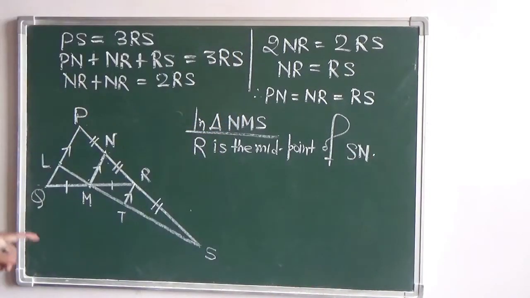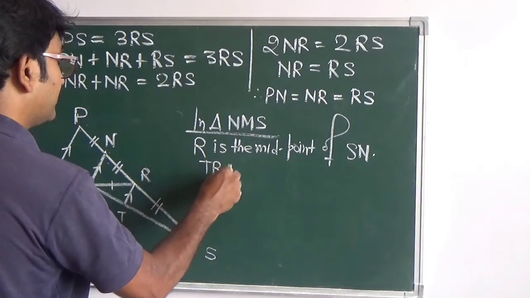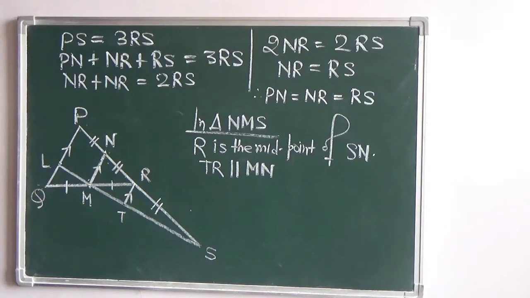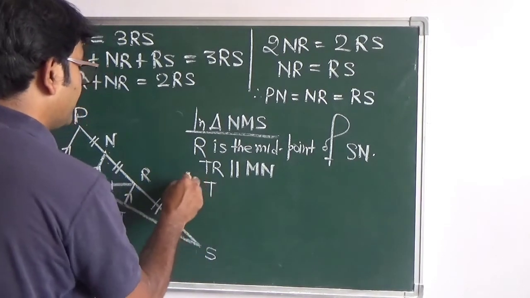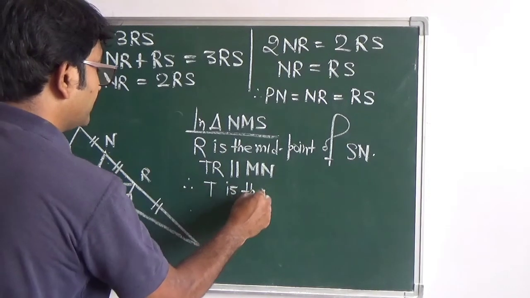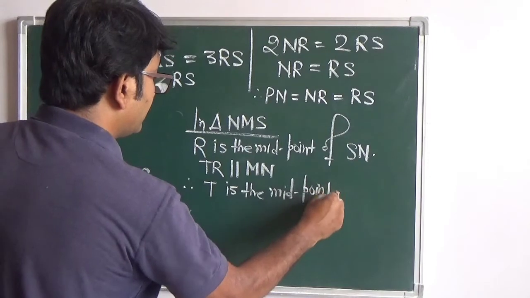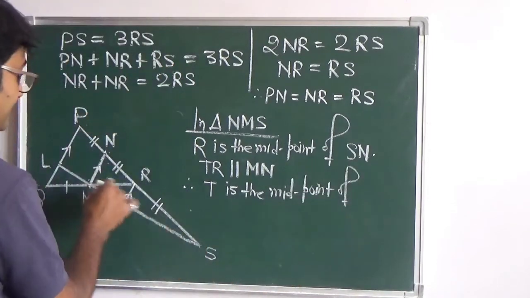At the same time, TR is parallel to MN. So again, by the converse of the midpoint theorem, we can say that T is the midpoint of SM.